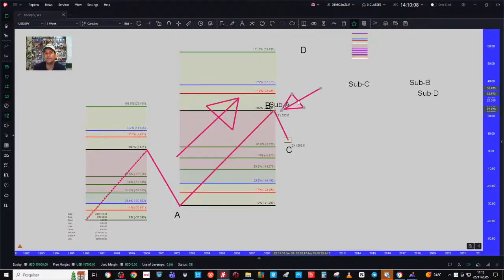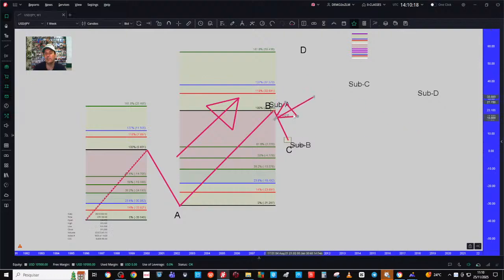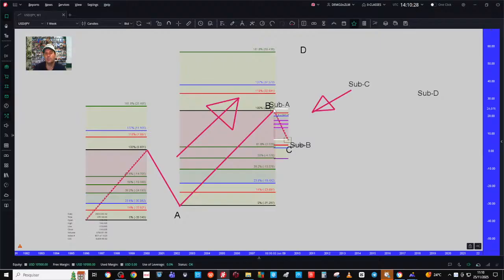This high is the sub A, okay, everybody? And this is now the sub B. This is the first low, as soon as possible after the sub A. So yes, we can chart the Fibonacci.